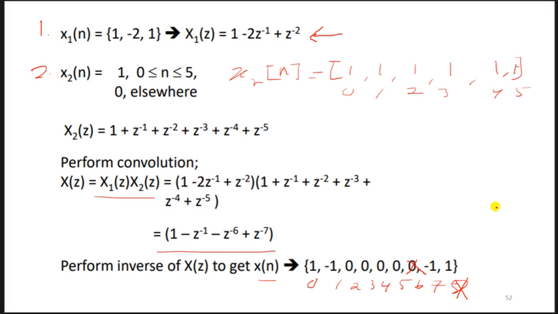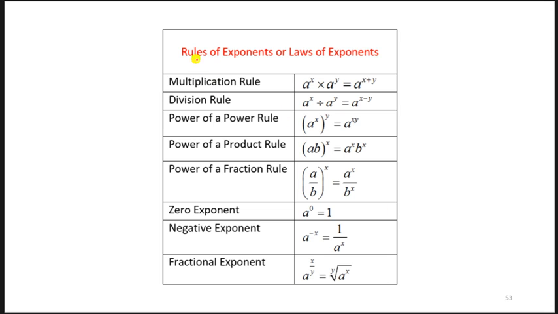Right. To simplify from this equation to this equation, you have to use the rules of exponents. If you multiply a to the power of x by a to the power of y, the powers add, and if you divide, the powers subtract.